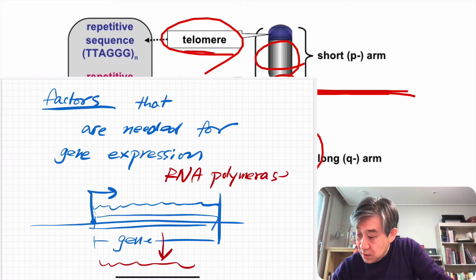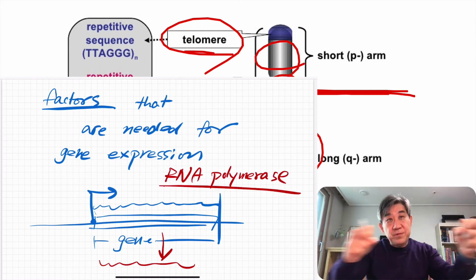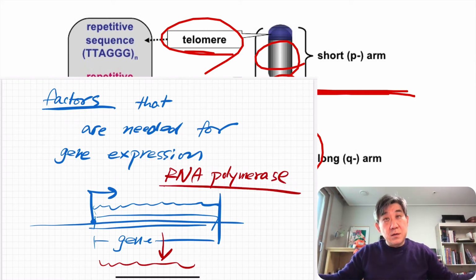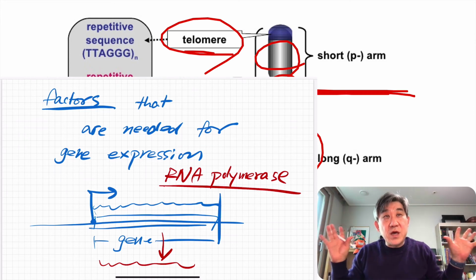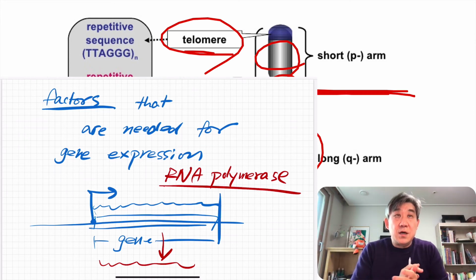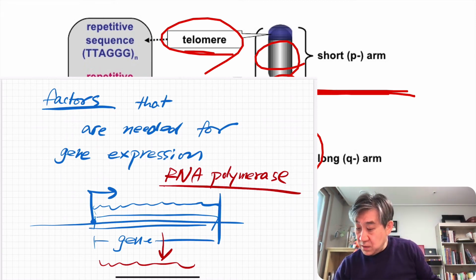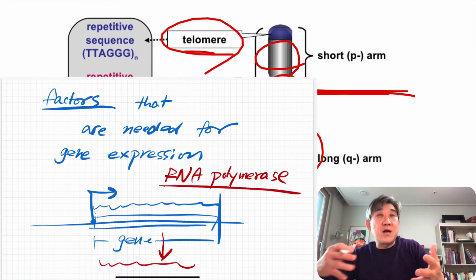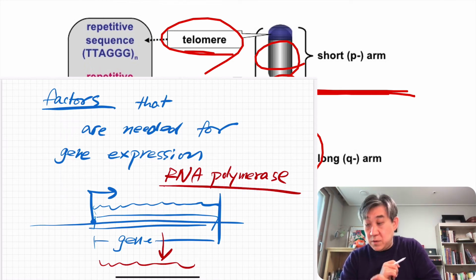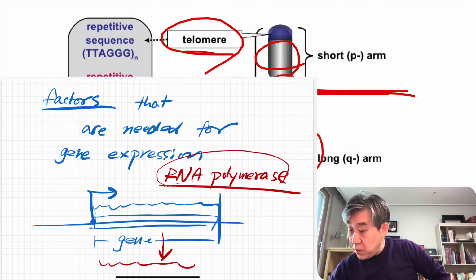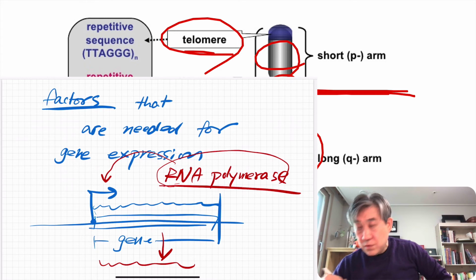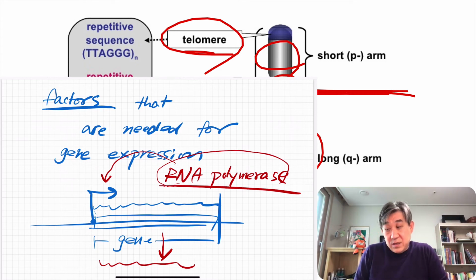Just like if you want to replicate your entire DNA, the enzyme DNA polymerase needs to be there. Same thing: if you want to do this RNA copying activity, then the RNA polymerase needs to provide this catalytic activity. But that's not it.